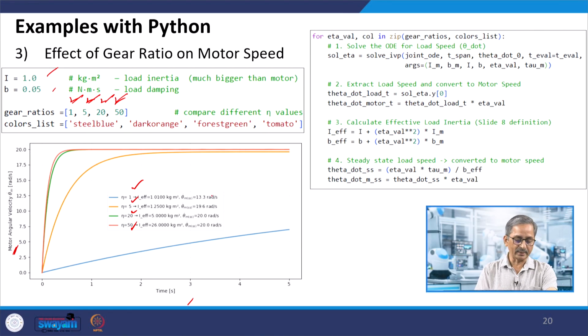You can see that as your gear ratio increases, your motor angular velocity also increases. This we are seeing at the motor side, and here is the code for solving the ODE for the load speed, then extracting the load speed and converting it to the motor speed, and calculating the effective load inertia and steady state load speed.